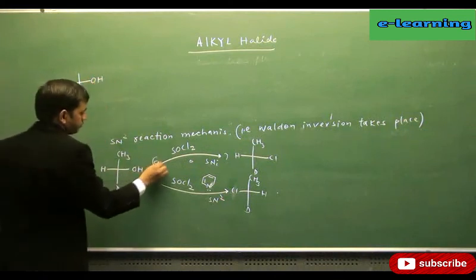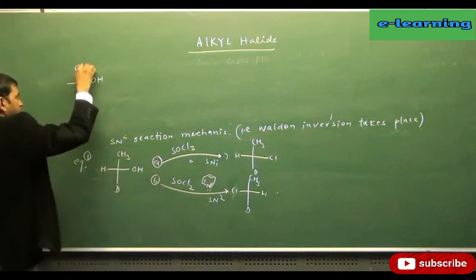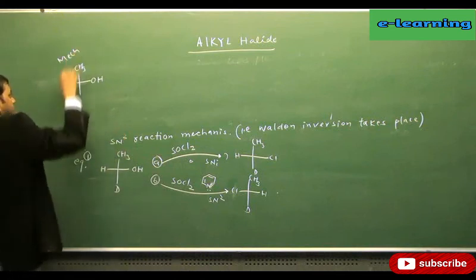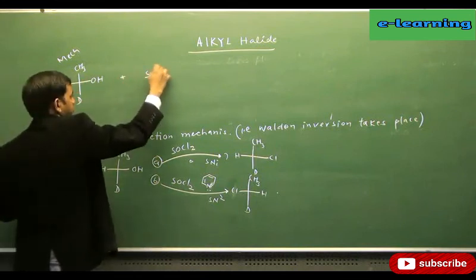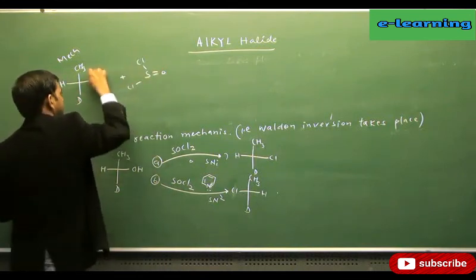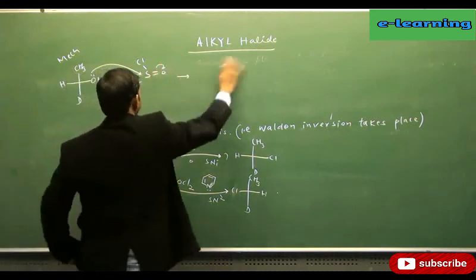If this reaction is A, this reaction is B. With A, the mechanism: it reacts with SOCl2. With a similar SN1 mechanism, it gives an intermediate.